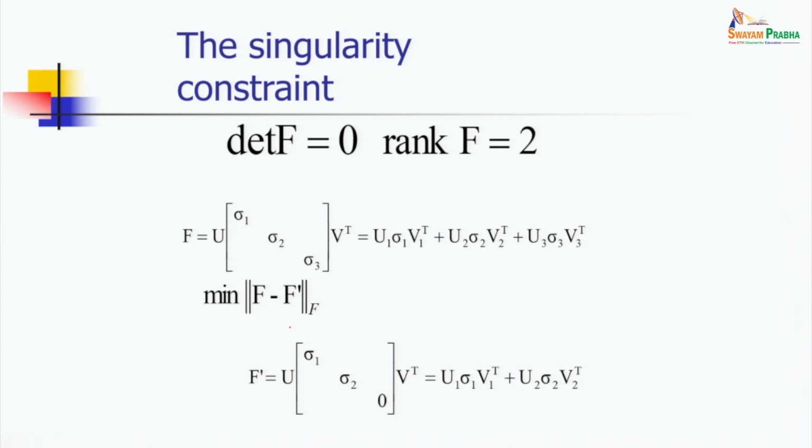For taking care of singularity, as I mentioned, since the rank of f is 2, we can perform the singular value decomposition of f, estimated from your least square error method. So you can order these singular values, sigma 1, sigma 2, sigma 3.